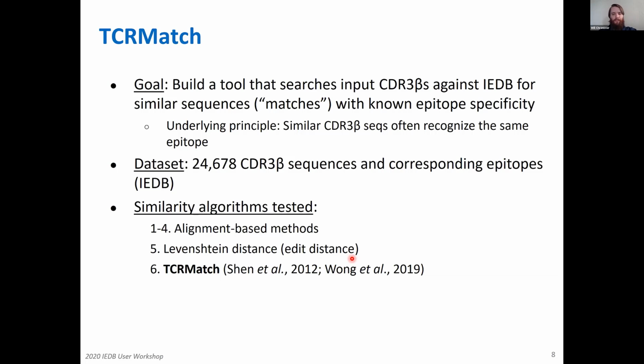And that's basically just the number of insertions, deletions, and substitutions that are required to transform one sequence into another. And finally, the algorithm that we then dubbed TCRMatch, but which had previously been described and implemented in these 2 papers.